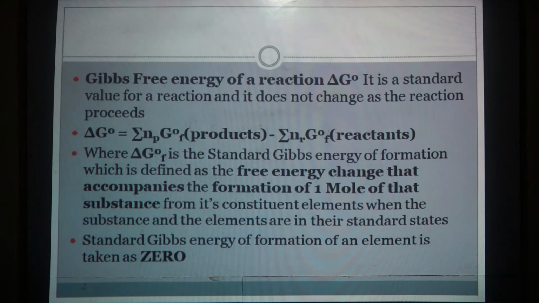Next, Gibbs free energy of a reaction. It is a standard value for a reaction and it does not change as the reaction proceeds.